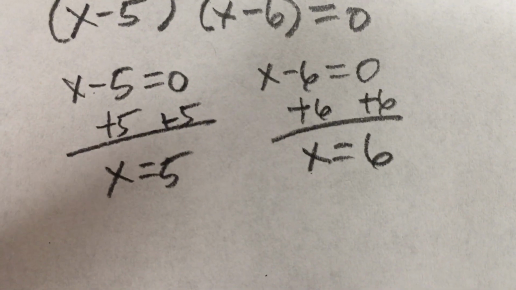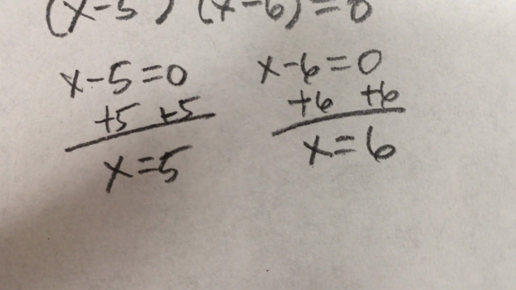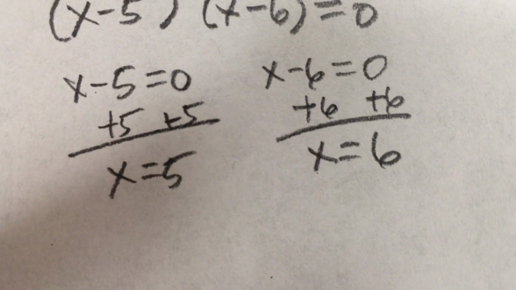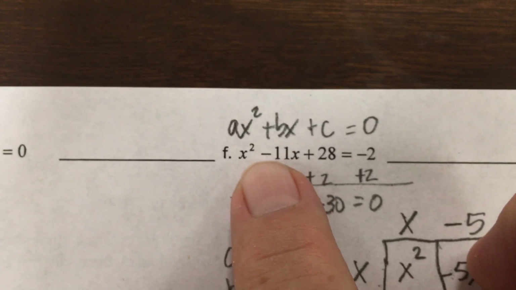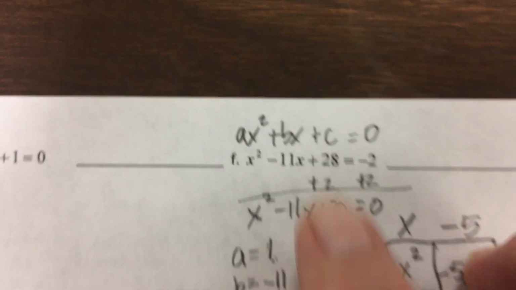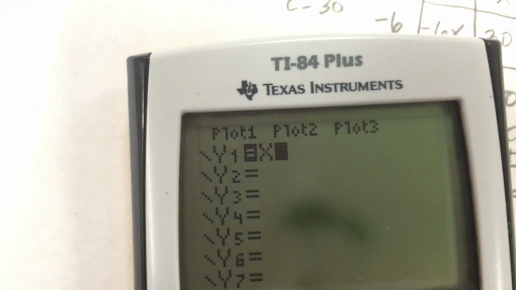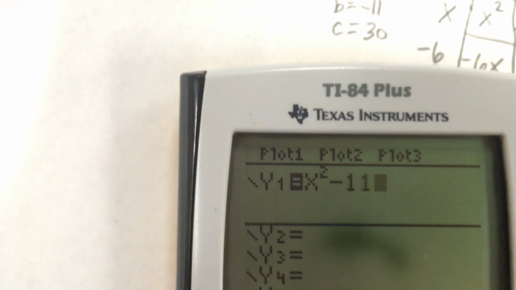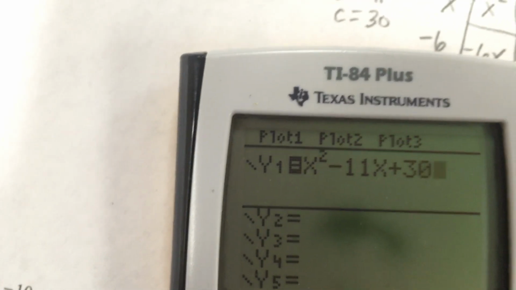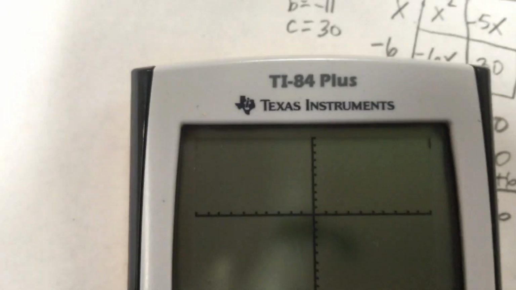So let's do that in the calculator just so we can make sure that we got it right. In my calculator, I'm going to type in the original equation, x squared minus 11x plus 30. I'm going to hit graph.